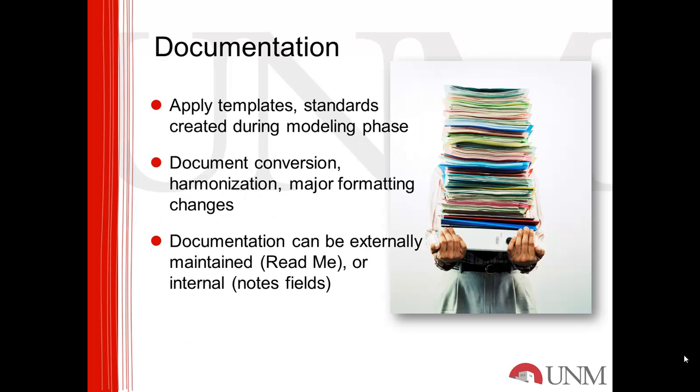Whenever we have a data set that we need to apply major transformations or changes or updates to, it's good to document that data. The documentation can be captured in the form of internal notes. So for example, with a columnar set of data in a spreadsheet or a database, you might want to create a new column where you would capture notes about data formatting and changes and value conversions and so forth.